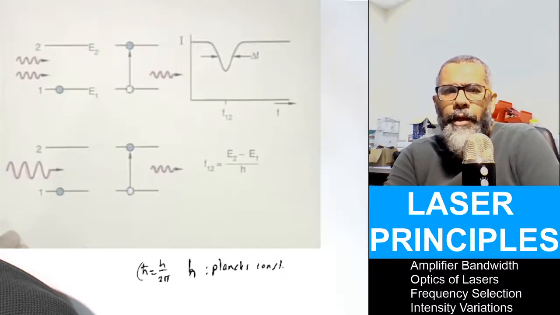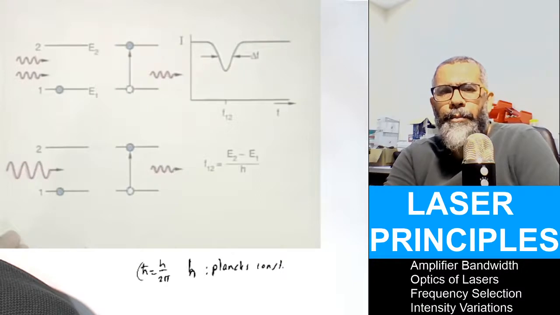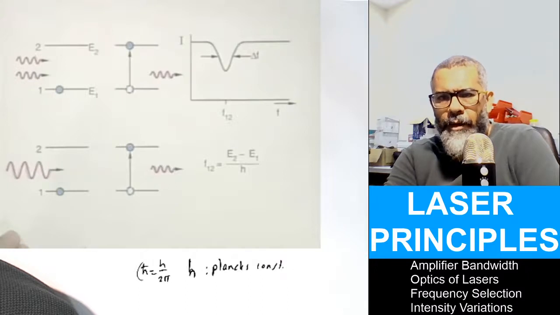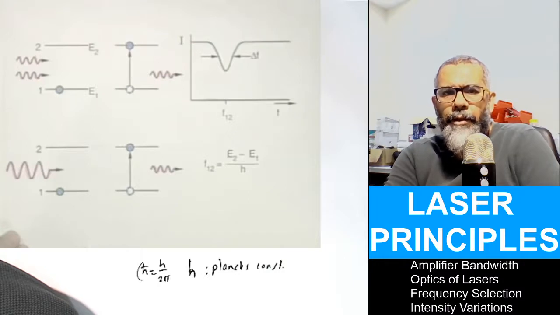That means you have an absorption bandwidth. You have this range of frequencies centered around f12. Still you can have a chance of absorbing, but the absorption is not 100% probable.